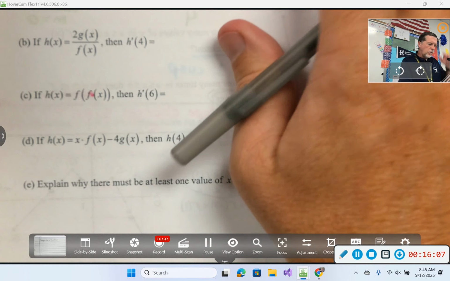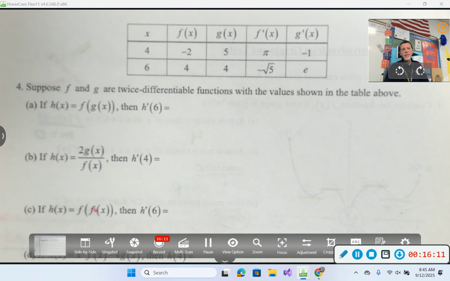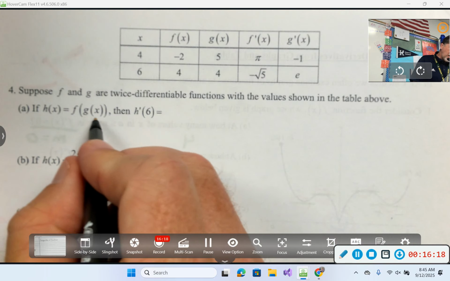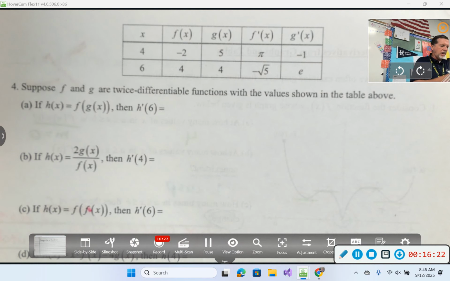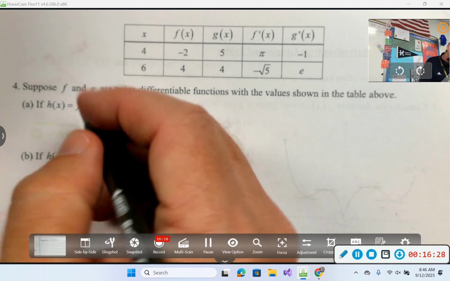Let's see. This one looks a little harder because there's 2 rows to the table, but that shouldn't be too bad. We just have to be careful here. H is f of g of x. Maddie, what rule am I using when I see f of g of x? Definitely the chain rule.